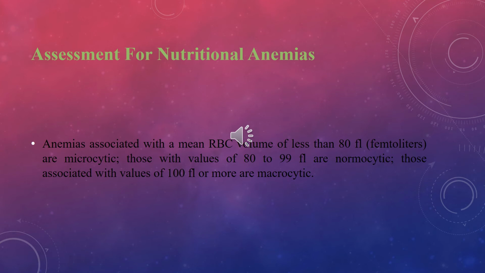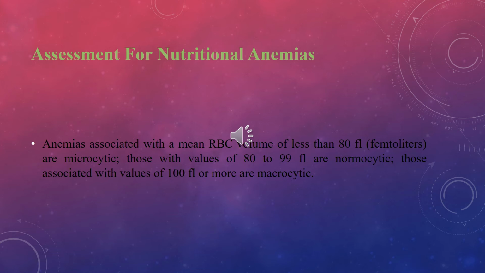Nutritional deficiencies are a very important cause of low levels of hemoglobin or erythrocyte production, so nutritional assessment for nutritional anemias is very important. When we associate anemia with mean RBC volume, the unit is the femtoliter.